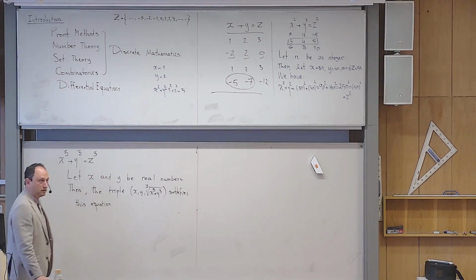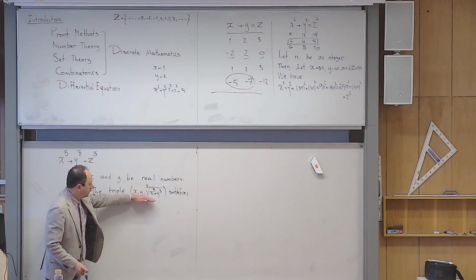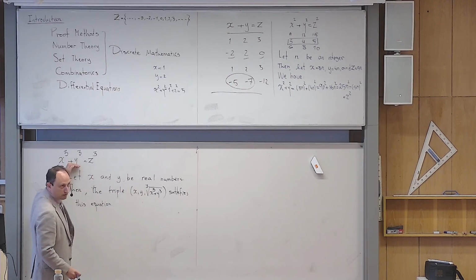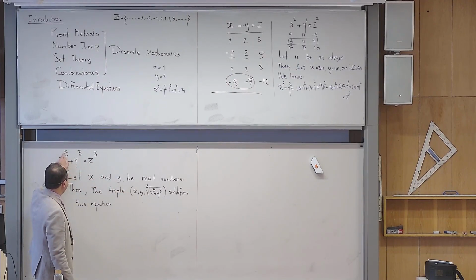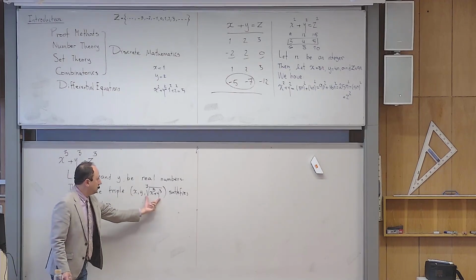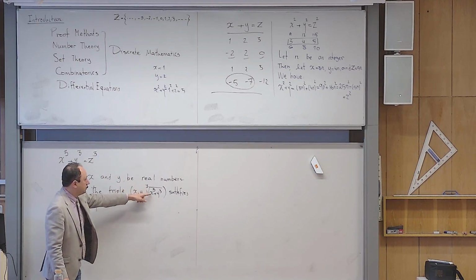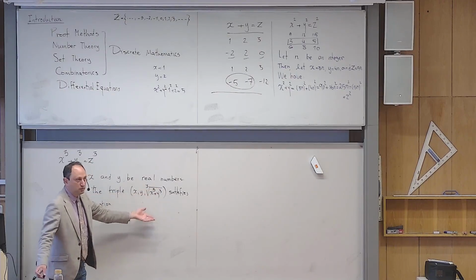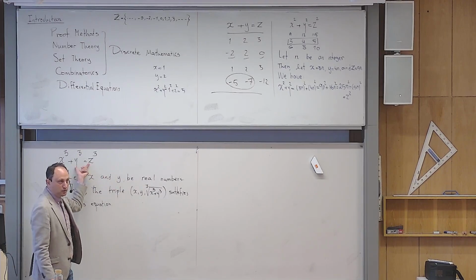Is that clear? Do you agree that this triple satisfies this equation? Why? Because if you put x here, it becomes x cubed. If you put y here, it becomes y cubed. Instead of z, if you put this, the power of 3 will kill this third root, and then you will have x cubed plus y cubed again. So this triple really satisfies this equation.